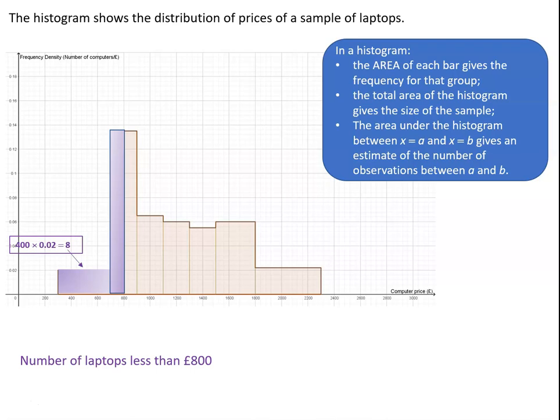The area of the second block is 0.0135 times 100, which is 13.5. So the area is 8 plus 13.5. So we've got our estimate for the number of laptops which are less than £800: it's going to be somewhere around about 21 or 22 of the laptops.